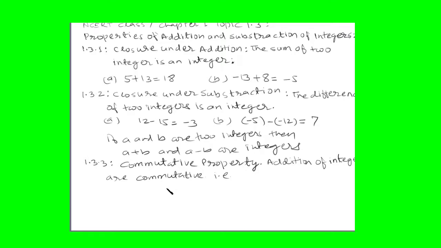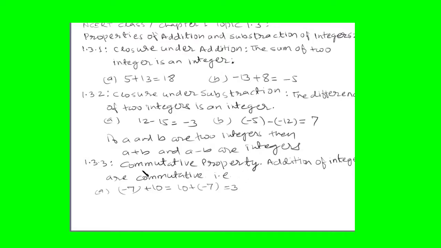Topic 1.3.3 Commutative property. Addition of integers is commutative. That is, we can go to the examples. Minus 7 plus 10 is equal to 10 plus minus 7, equal to 3.